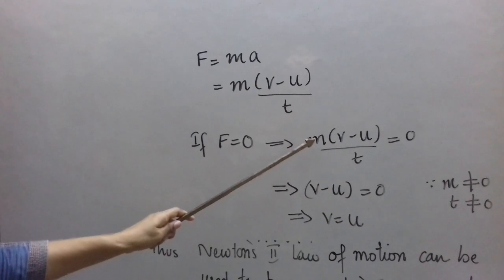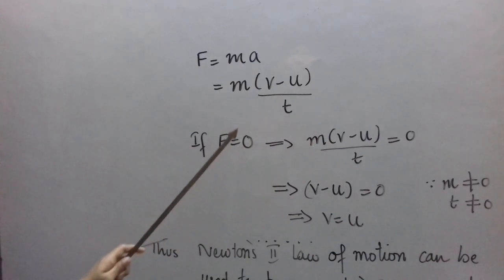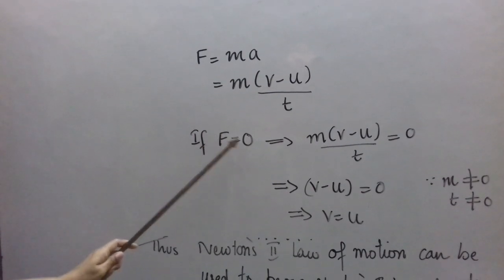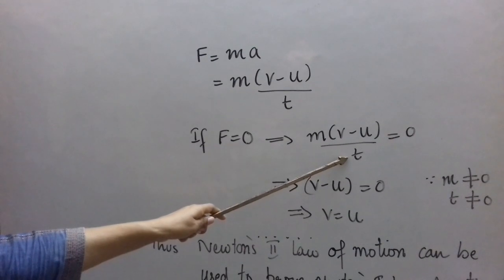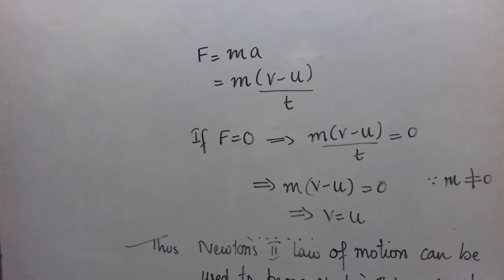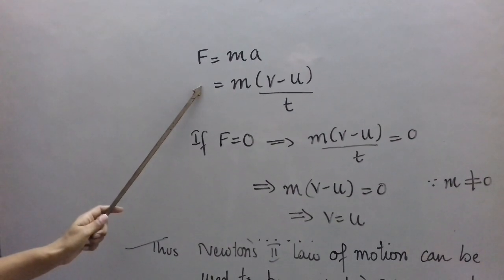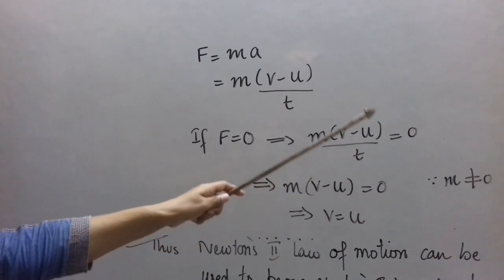So here mass is always positive. Suppose we imagine that no force is acting on the body, in that case we could also take time to be equal to 0. So if F is 0, this right hand side is 0. So m(v - u)/t is 0.